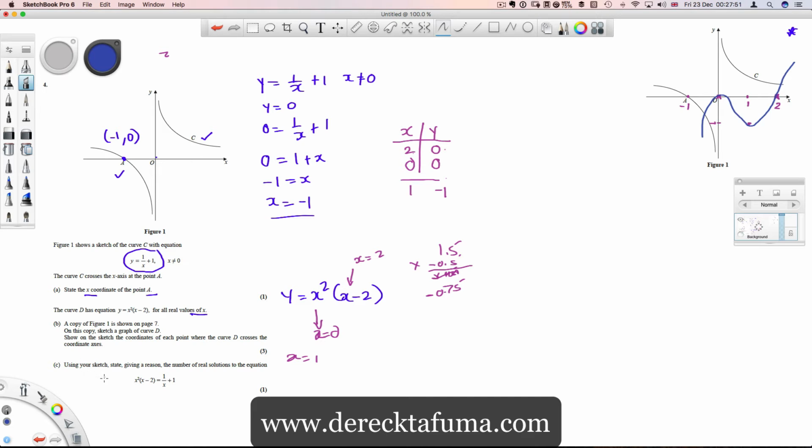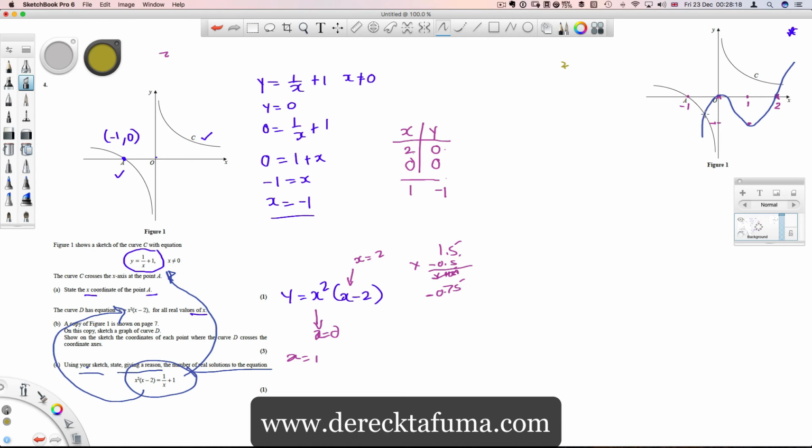Now the last question is, using your sketch, state, giving a reason, the number of real solutions to this equation. If you look at this equation, this part of the equation is coming from here, and this part is coming from there. So basically, we look at how many points are crossing. Let's use yellow this time.